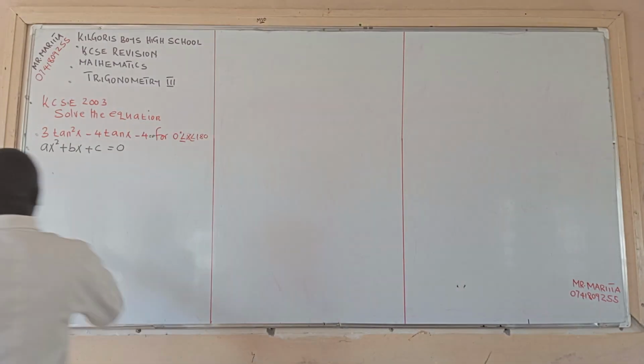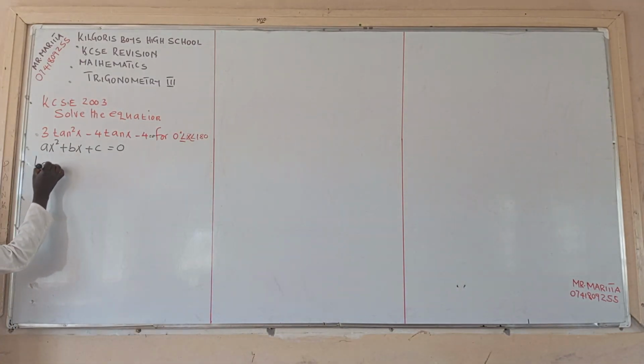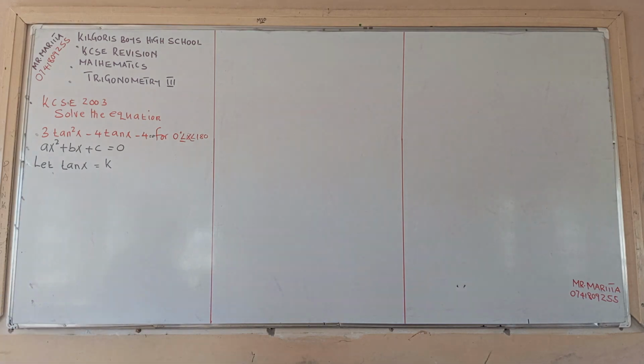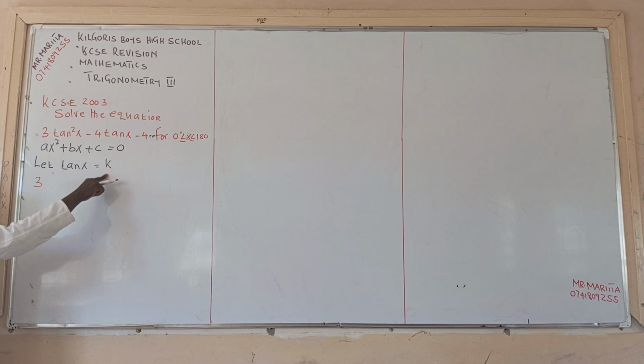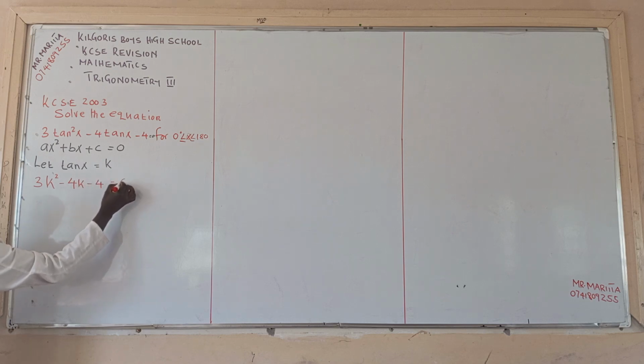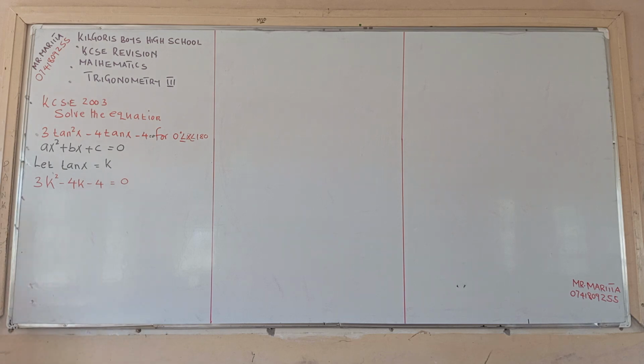So you let tan x be k. If we let tan x equal k, we now have 3k squared minus 4k minus 4 equals 0.